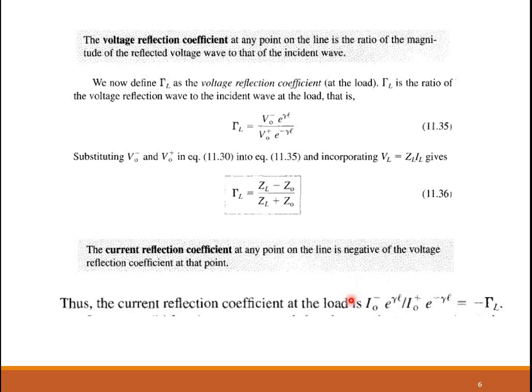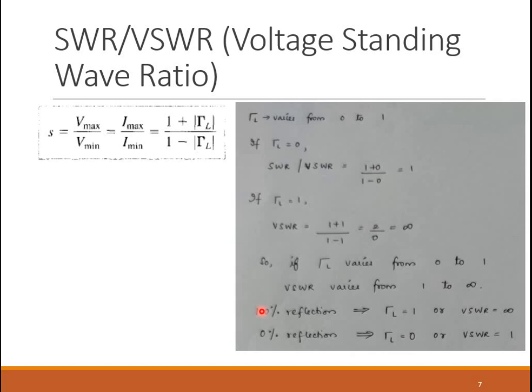The ratio is the same: the ratio of the magnitude of the reflected current wave to that of the incident current wave. This is your current reflection coefficient, and it is equal to minus the voltage reflection coefficient. That is the relation. So these two definitions and the corresponding expressions are important. What do you mean by voltage reflection coefficient? What do you mean by current reflection coefficient?